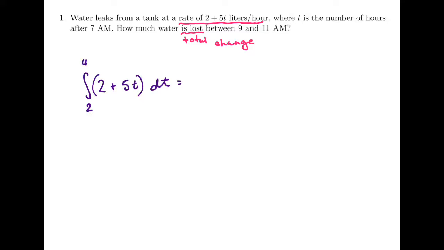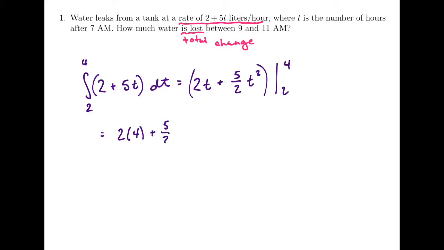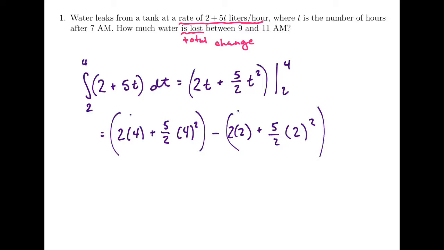We integrate this, so it's 2t plus 5 halves t squared, our antiderivative, from 2 to 4, which is equal to 2 times 4 plus 5 halves times 4 squared, minus 2 times 2 plus 5 halves times 2 squared, which is equal to 34 if I did my arithmetic right. I might be doing my arithmetic wrong, but anyway, we just go through and solve this.